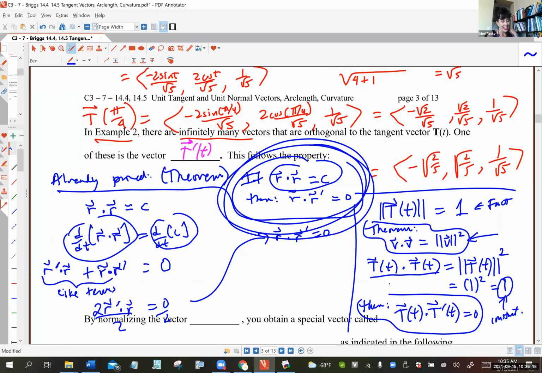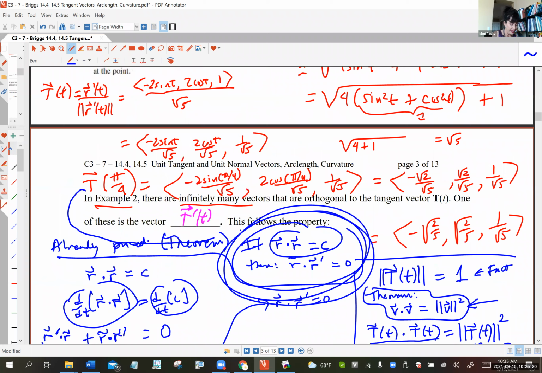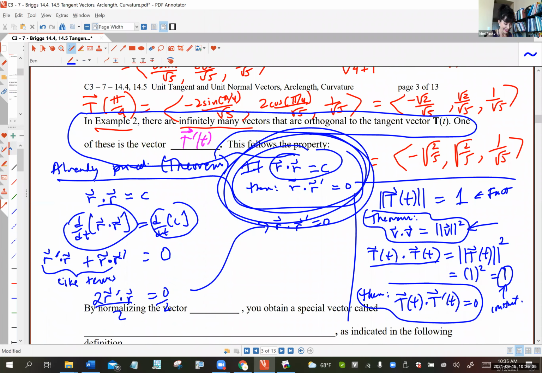Voila. And that's why we're able to say this fact right here, that one of the infinite vectors that is orthogonal to big T, because there's infinity of them, is his own derivative, big T prime. Is that exciting or what?